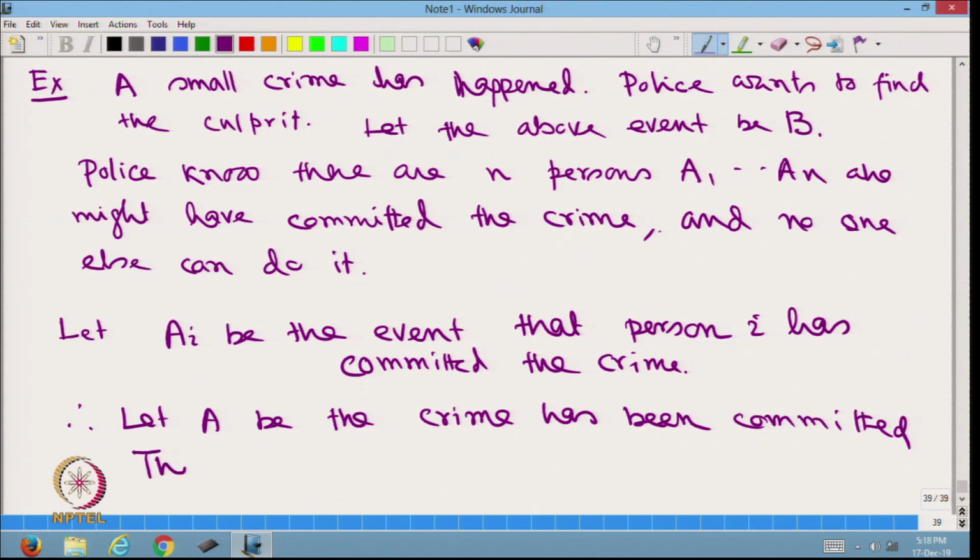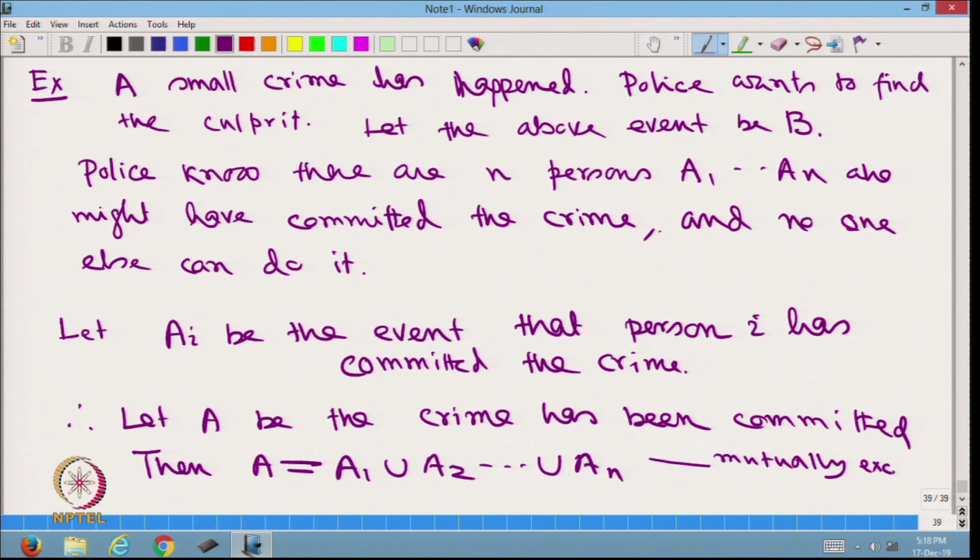Then A is equal to A1 union A2 union An, and these are mutually exclusive and exhaustive. That means there is no other way that the crime has happened.